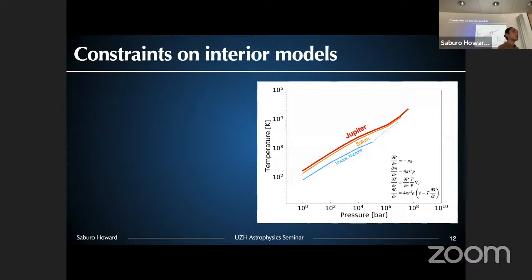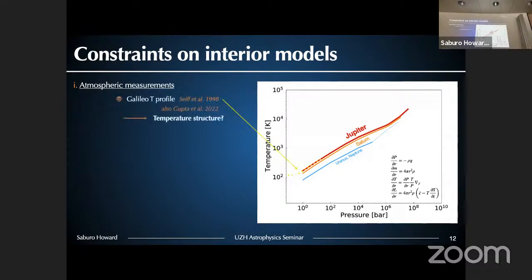But the first constraints that we can use to help us build those models are atmospheric measurements. And for Jupiter, I told you about this Galileo mission, which sent a probe that dove in the atmosphere of the planet, and it measured the temperature profile of the planet in the very outer region.